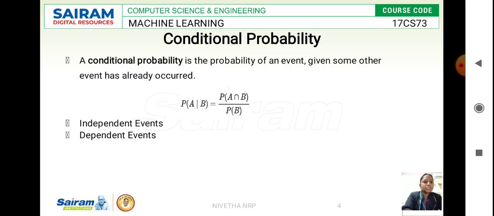That is the conditional probability. You give a condition, and that condition states whether an event has occurred, and which event has followed it. You give a specific condition and we apply a probability. We find a probability of occurrence.